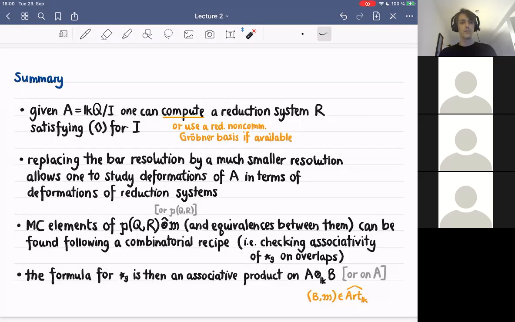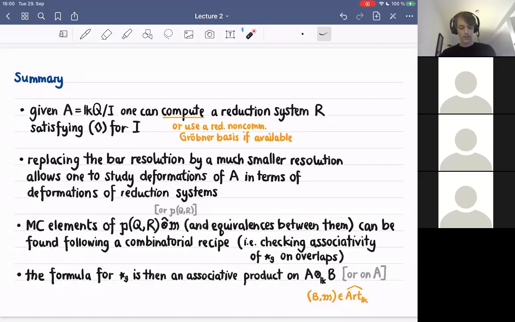Once you have a reduction system, you get this Chouhy-Solotar resolution, which is a much smaller resolution than the bar resolution, and then you can study associative deformations of A just in terms of deformations of the reduction system.